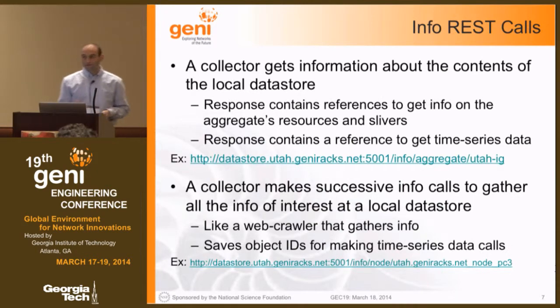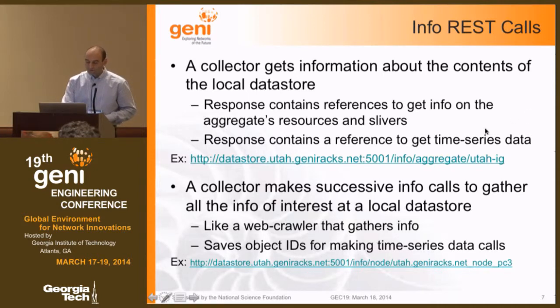So a little bit more details about the information REST queries. Like I was saying, with the info REST calls, you start by querying information about the aggregate with this thing that we've termed the head info aggregate query, and it returns things like the nodes at the aggregate, the slivers, and other resources like links, which we're still trying to work out exactly the details on monitoring VLANs.